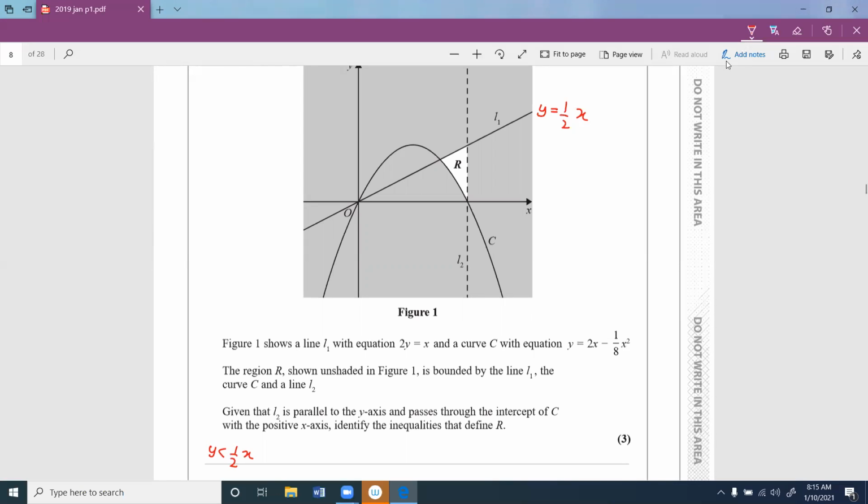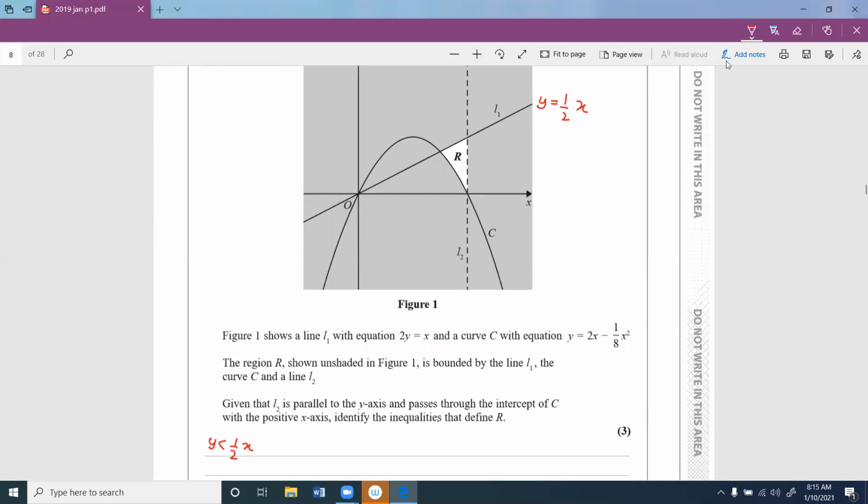If I read out the question, figure 1 shows the line L1 and this curve. The region R is shown here, bounded by line L1 and L2. Given that L2 is parallel to the y-axis and passes through the coordinate C on the positive x-axis, identify the inequalities of region R. When working this out, you can say the region R is below the straight line y equals half x. Now I need to find this part.